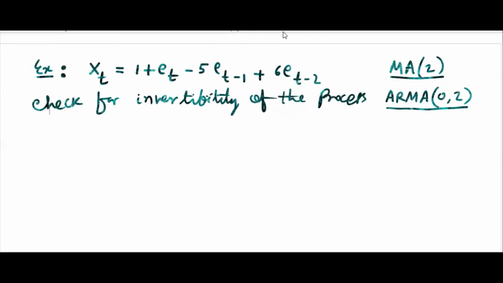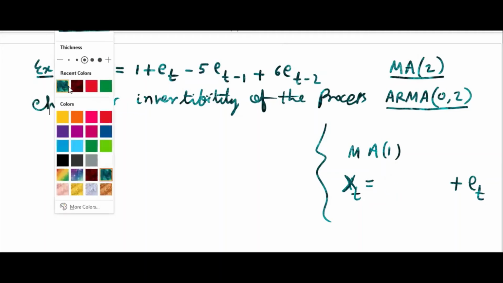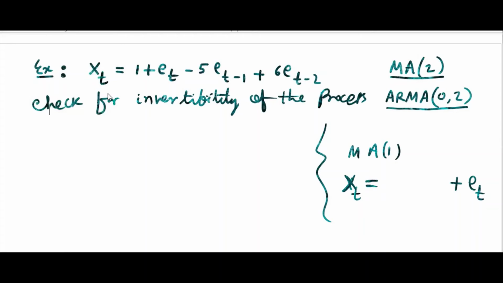If I give an MA1 process instead, I can write xt is equal to mu plus beta 1 et minus 1, with anything here. Suppose I write 2 et minus 1, and then xt equals 0.5 et minus 1 plus et.